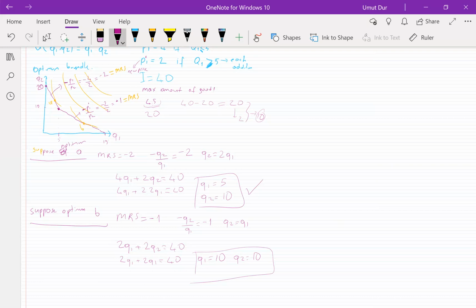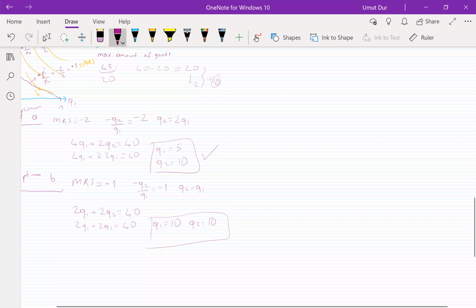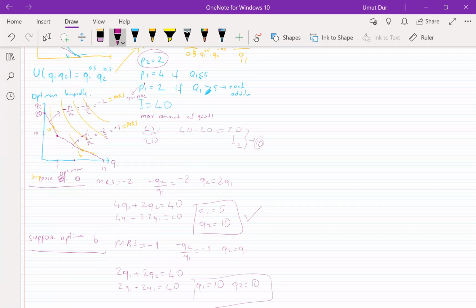Here the equilibrium turns out to be here, which is out of our budget line.